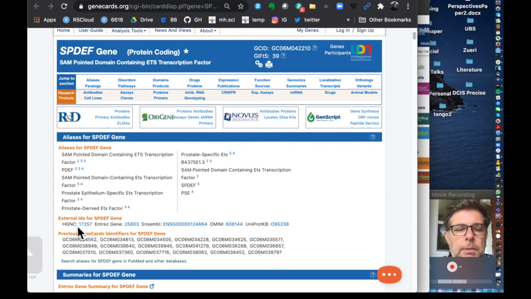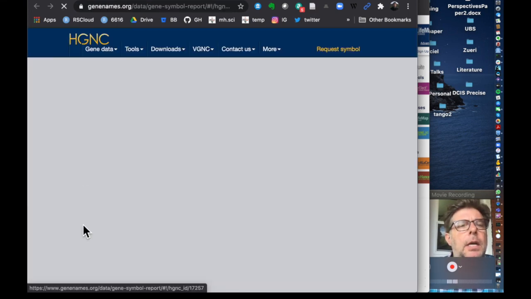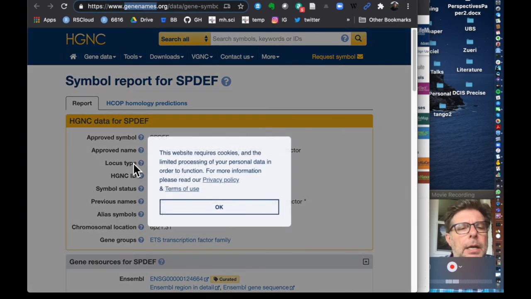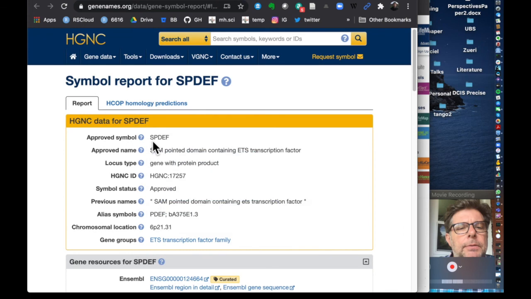I'm not too knowledgeable about who's on that committee, but they are the definitive source for what the names of genes are. If I click on this, I leave, and I'm at a different website, Gene Names, and the approved name here is officially SAM pointed domain containing ETS transcription factor. So we know it's a transcription factor, and then there's a symbol, etc.